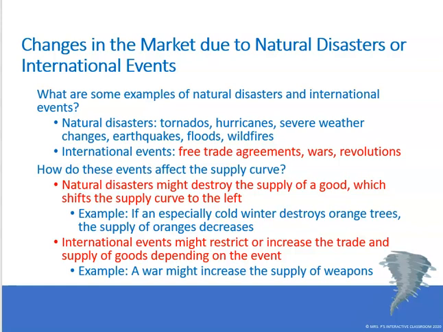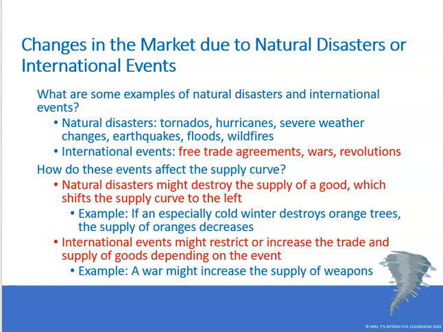If you're producing cotton and a tornado or a hurricane comes and it wipes out your farm, and let's say you were a pretty major farmer and you really made your money off of farming, any of these businesses in the local area or even out of the state that actually counted on your cotton to be used in their textiles, their clothing, to produce the clothing or to produce other things, if they didn't have access to your product because it was taken out from a natural disaster, that means that the supply curve is going to shift to the left because their supply is gone or it's limited.